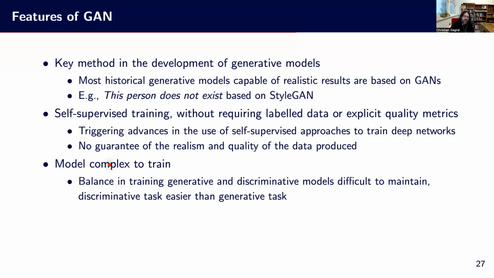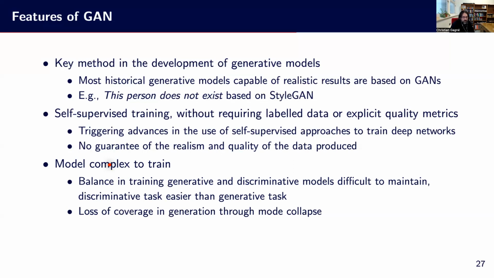It is relatively complex to train. It's not an easy model because we need to make a trade-off between training the generative and the discriminative model. The discriminative task is easier than the generative task. It's quite easy to detect fakes, and it's much harder to make fakes. So this difference makes it more complex to train.